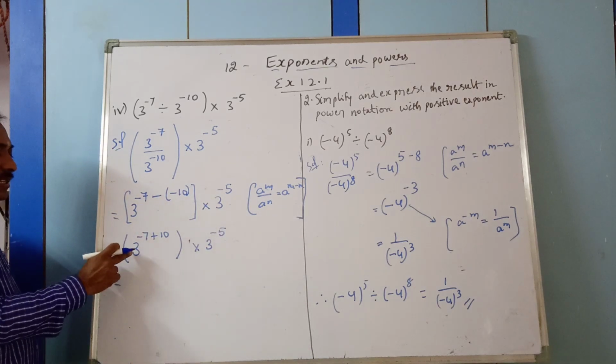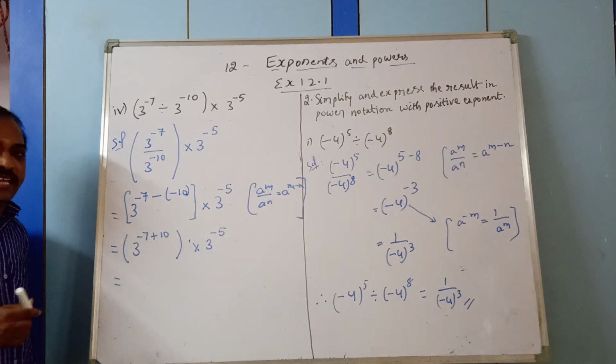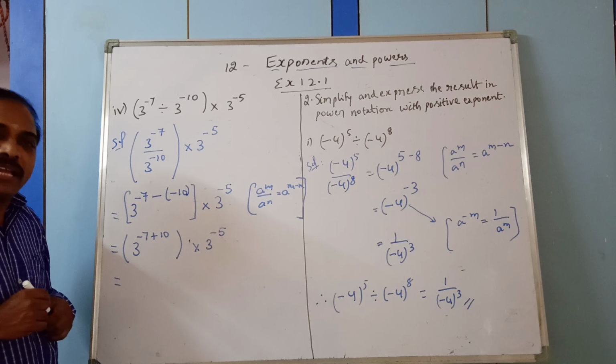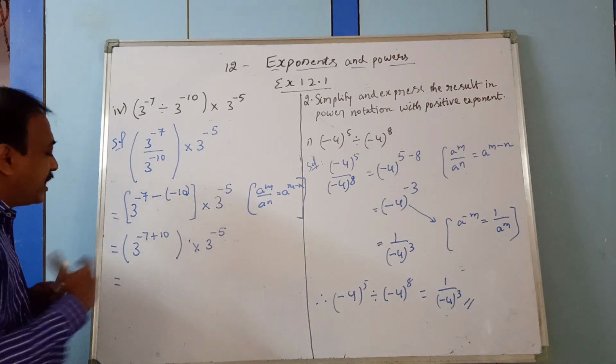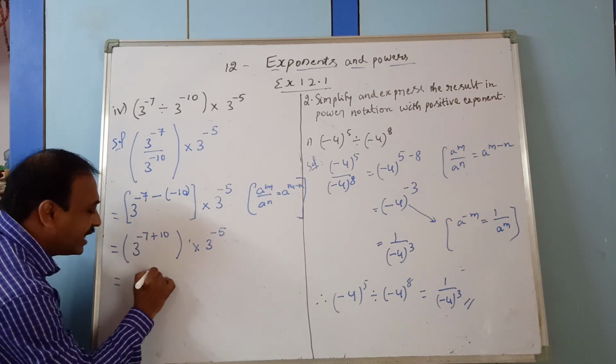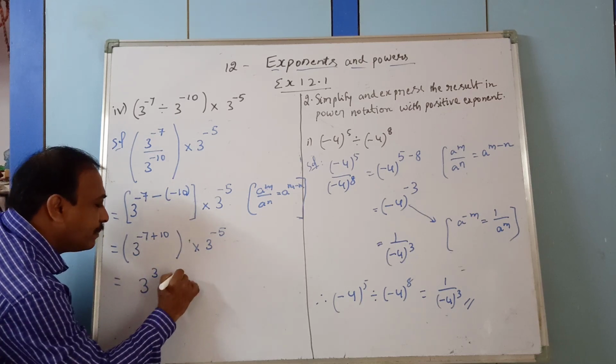Now 3 to the power minus 7 plus 10, again integer operation, one is plus, one is minus, subtract, keep bigger number sign for the result. So minus 7 plus 10 is 3, yes, so 3 to the power 3 into 3 to the power minus 5.